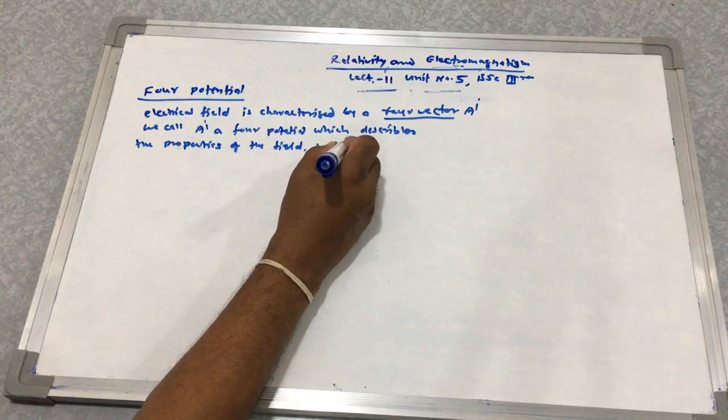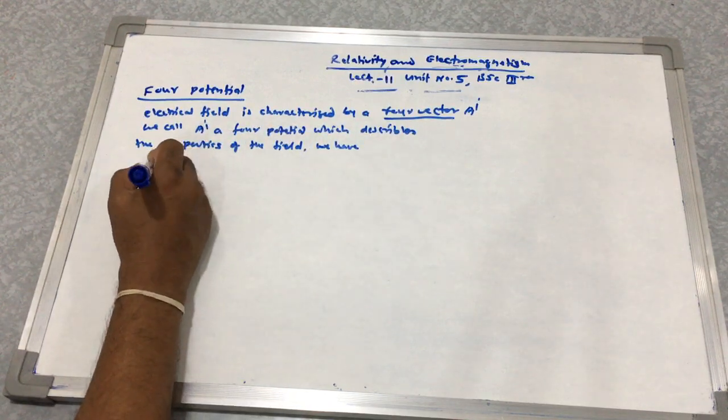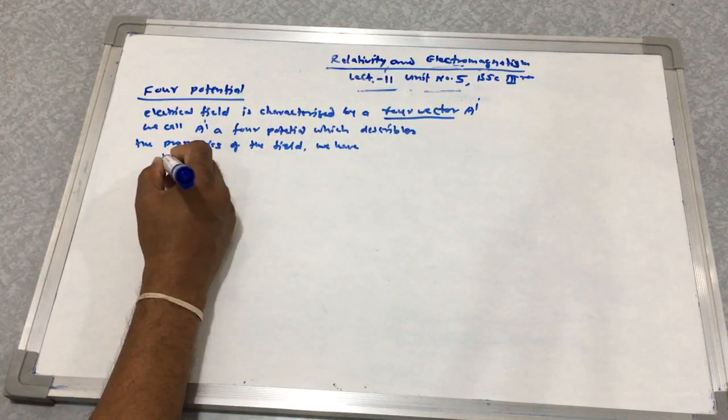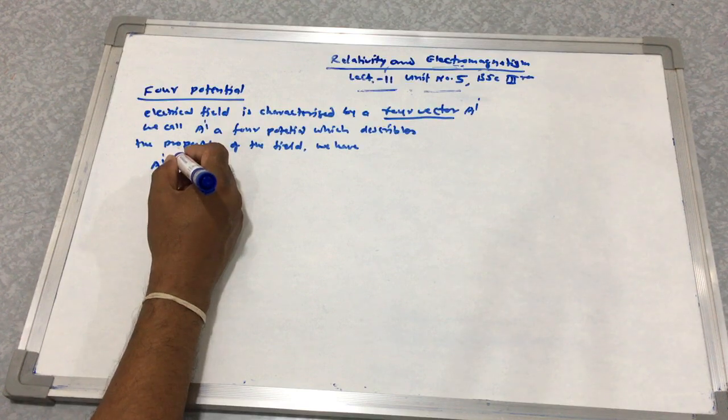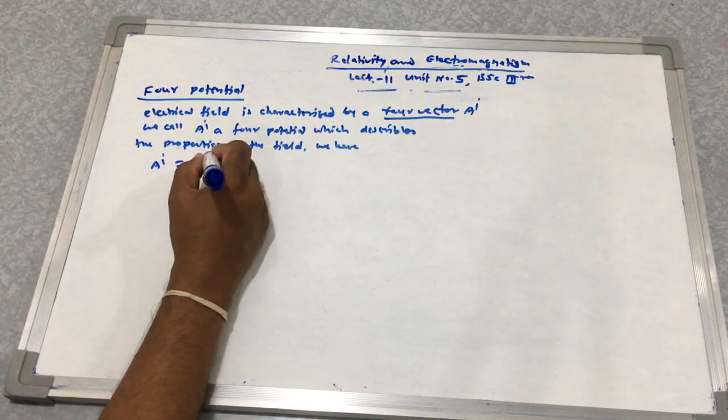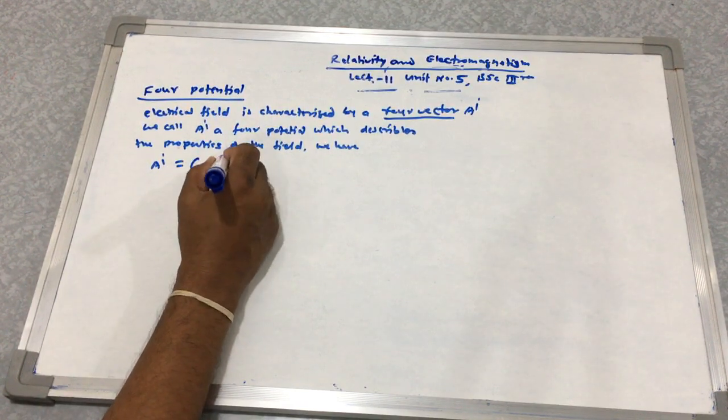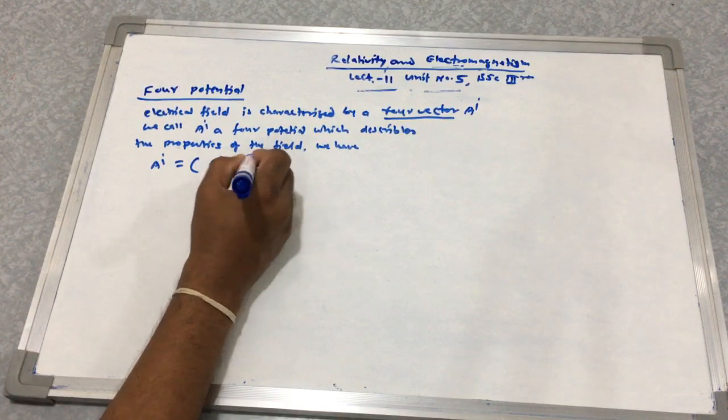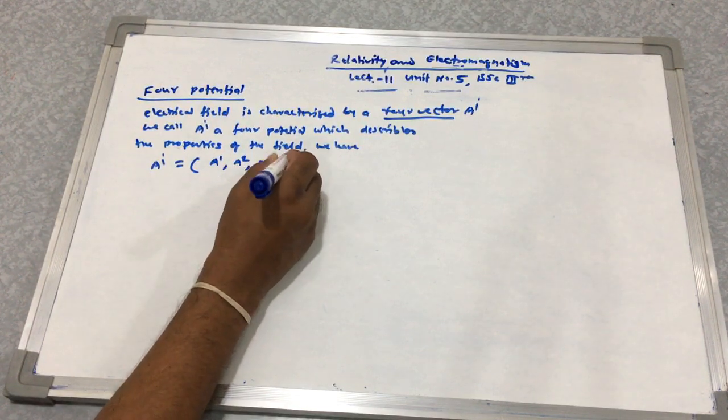That is, we have A^i equal to A^1, A^2, A^3 and A^4, all four.